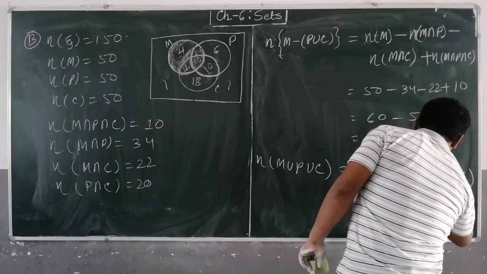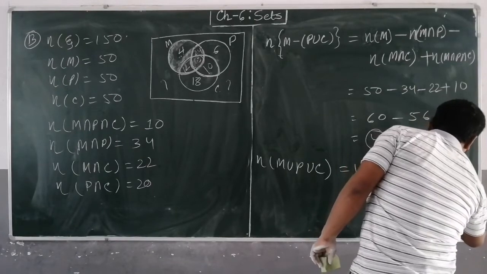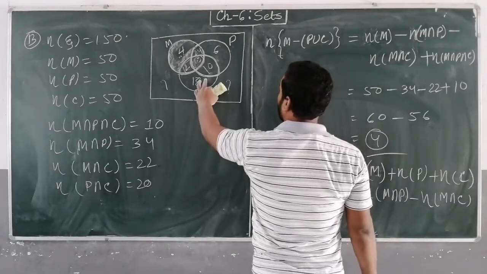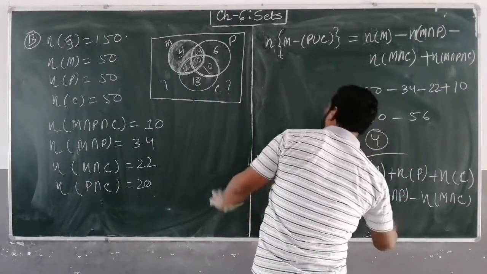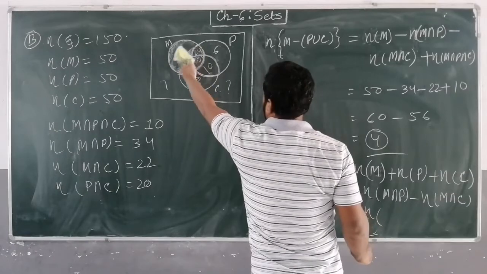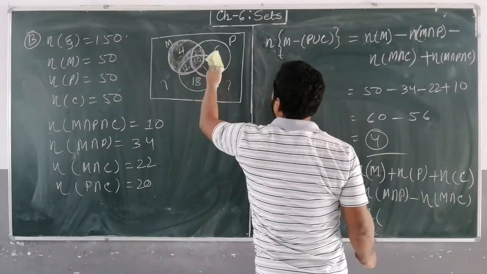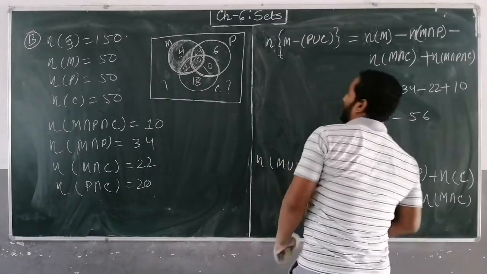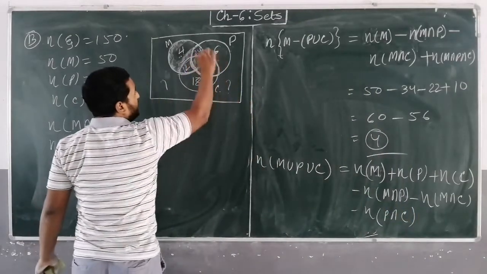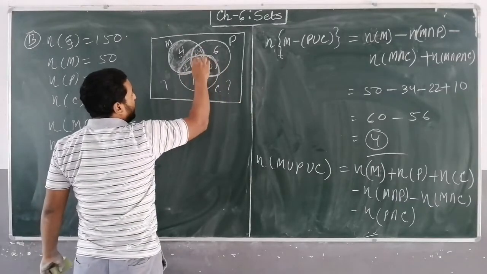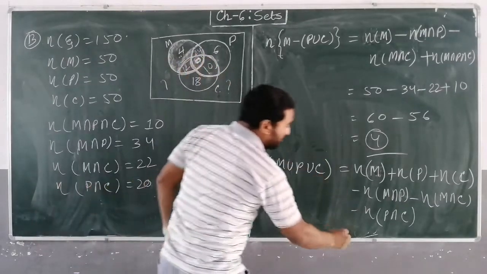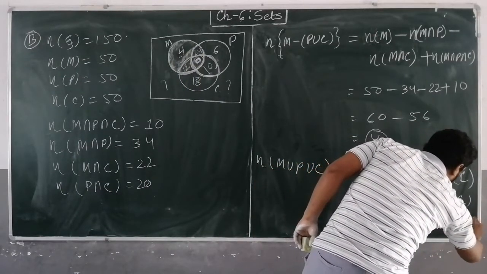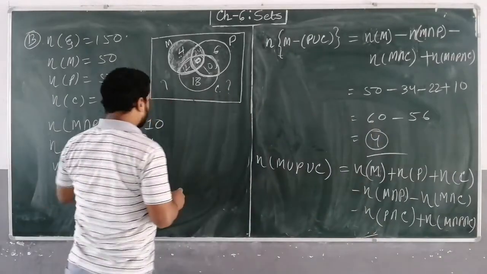Cardinality of M intersection C, minus cardinality of P intersection C. Okay, so when you are subtracting this part and this part, this is subtracted 2 times, but 1 time we have to add here. So plus n of M intersection P intersection C. Now you can place the values, you will get the answer.